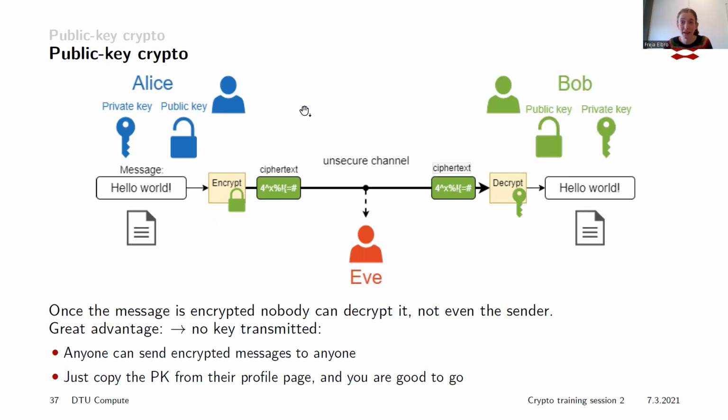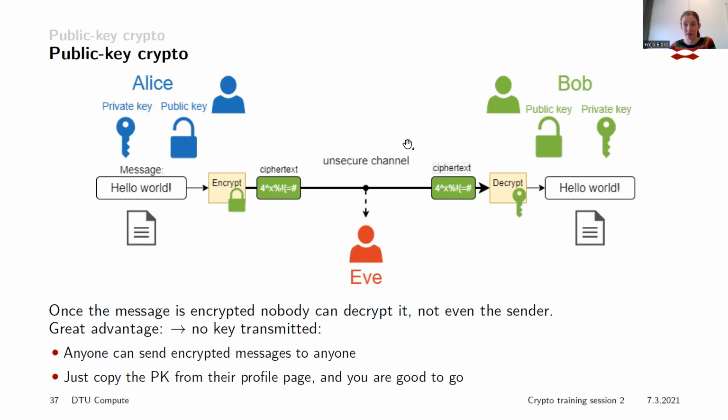So here, as we talked about yesterday, everybody has both a private key and a public key. If Alice wants to send a message to Bob, she has to use Bob's public key in order to encrypt. And then the only way to decrypt is using Bob's private key.